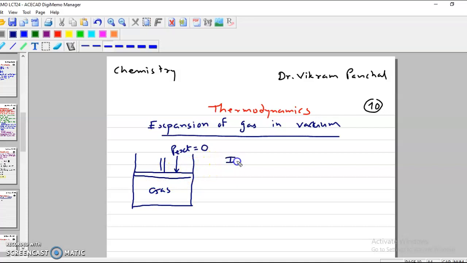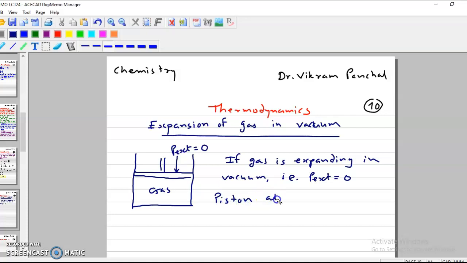So if gas is expanding in vacuum, that is P external will be 0, then the piston moves upward automatically without any effort.